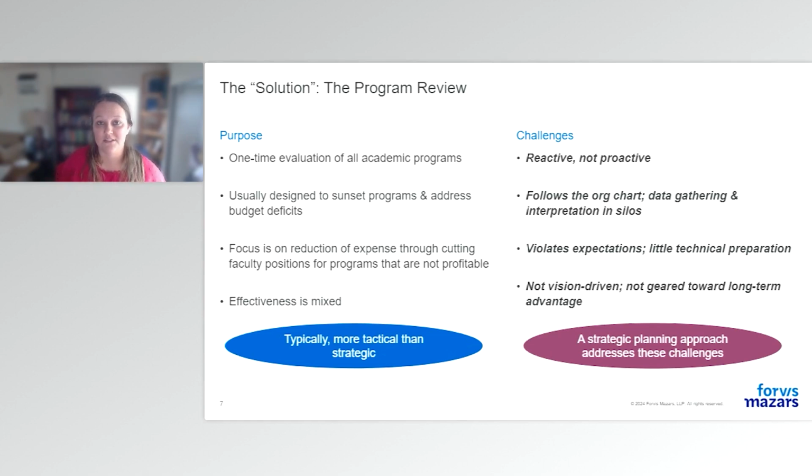Certainly, we've seen institutions that have done program reviews that have been able to recover financially, but the effectiveness overall is mixed. And the effectiveness of this kind of program review probably depends deeply on the data that are used and the people and process that are wrapped around those data, which is, again, going to be one of the big talking points for this particular webinar. And I would just argue that typically program reviews are really more tactical and not particularly strategic.